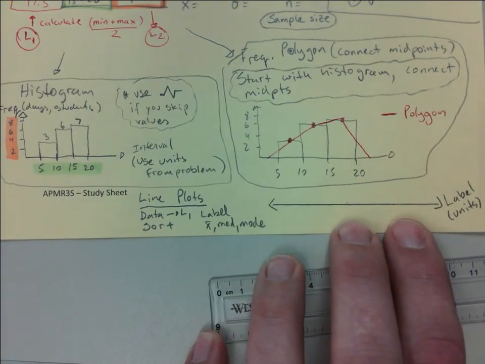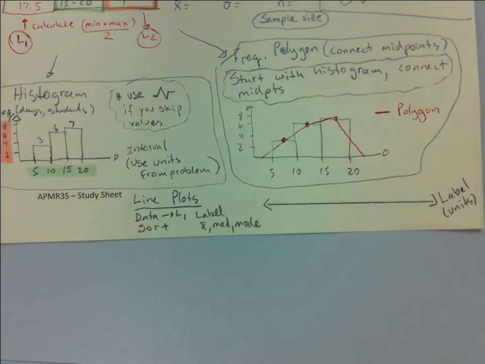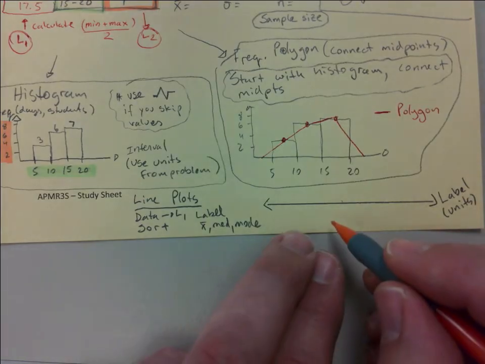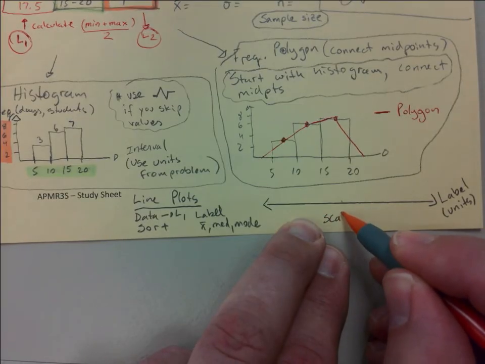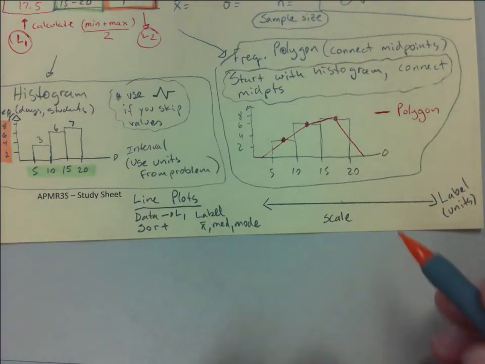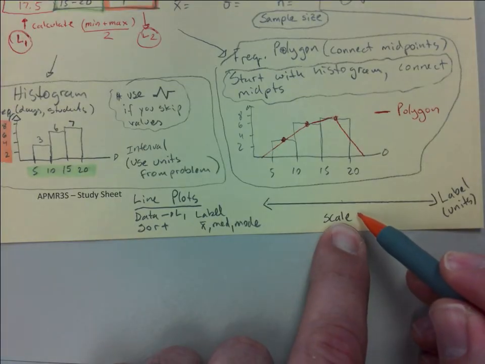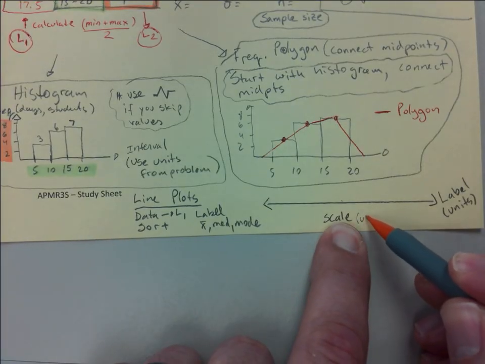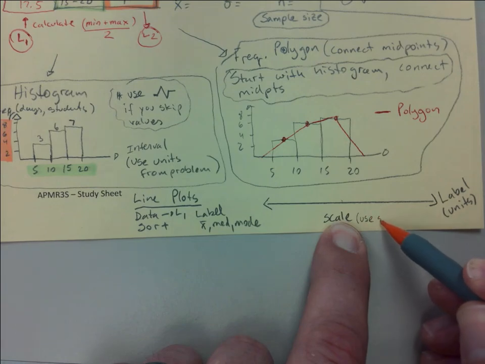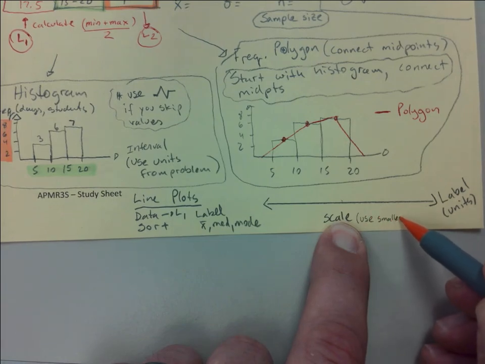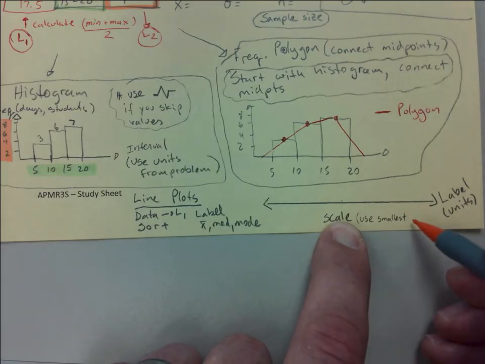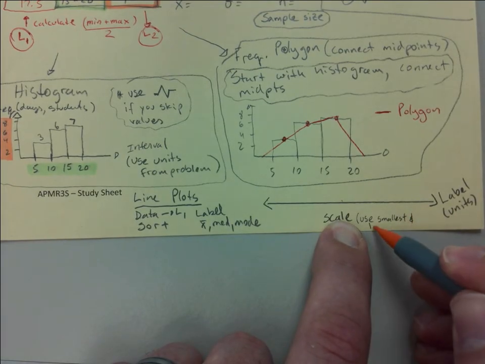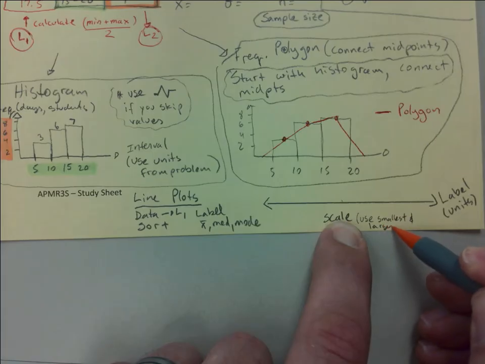Sorry, you can't see that. Label, units, scale. For scale, use smallest and largest to help you with that.